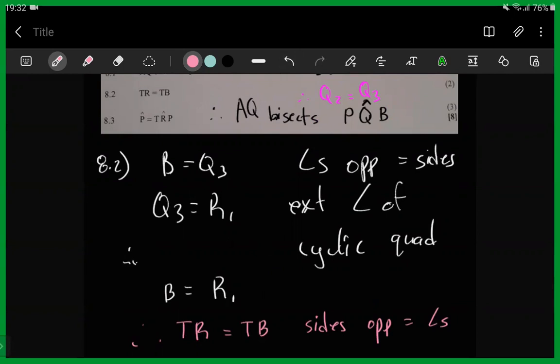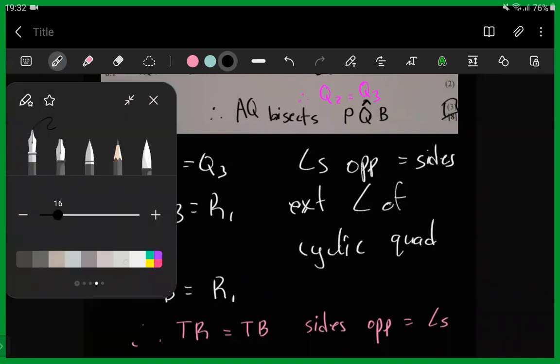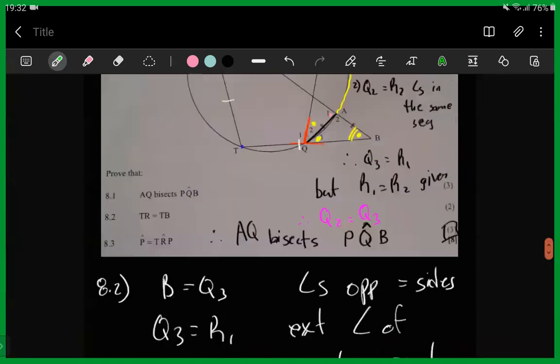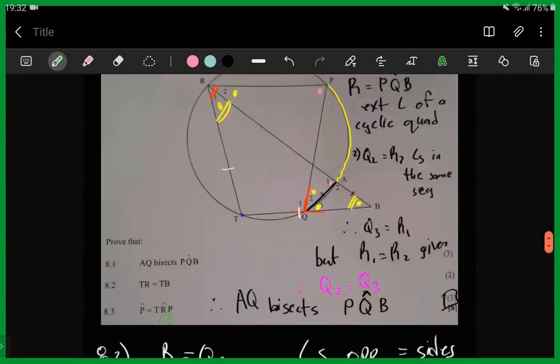So 8.3. So we're left with this 3-mark question here. This 3-mark question is asking us to prove that P is equal to TRP.